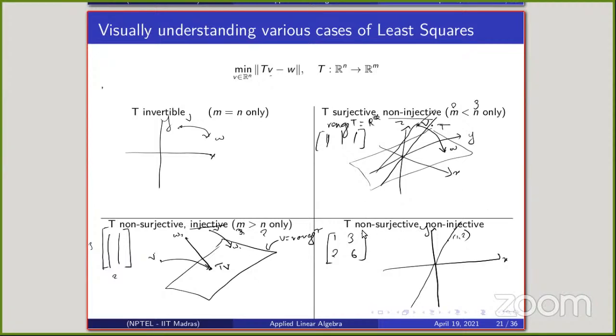Now, in this case, I've taken an operator which is neither surjective nor injective. So because of that, it's going to have a non-zero null space. And what is the null space of this? It's going to be the span of (minus 3, 1). So it's going to be a subspace which is something like this, which passes through minus 3, 1. Now we have the range of T over here, and we have the null of T over here.